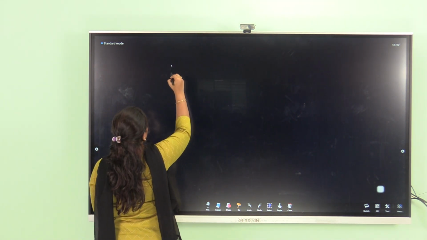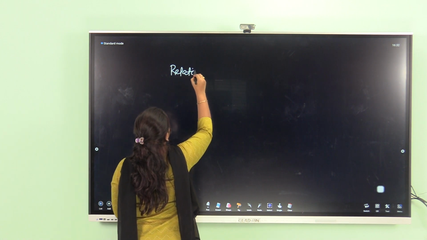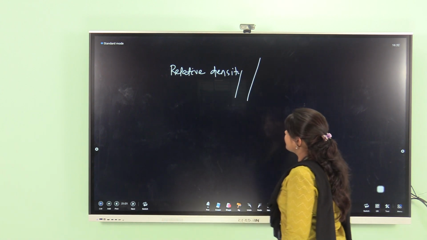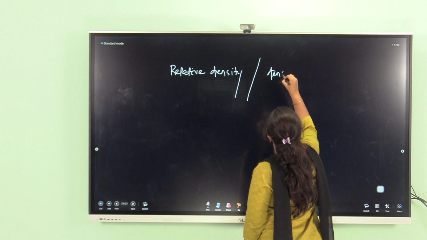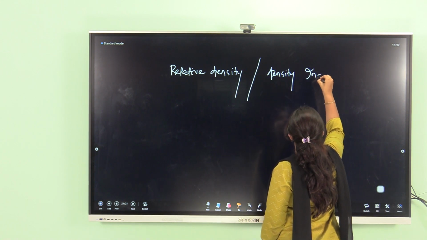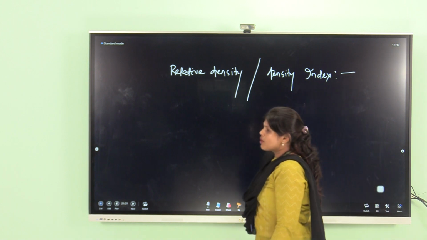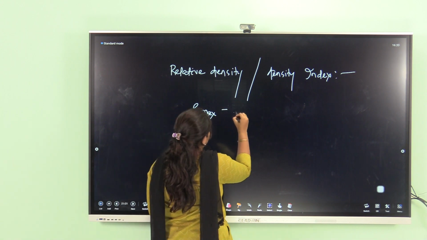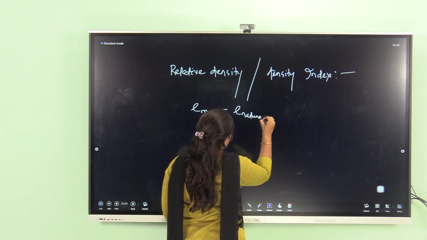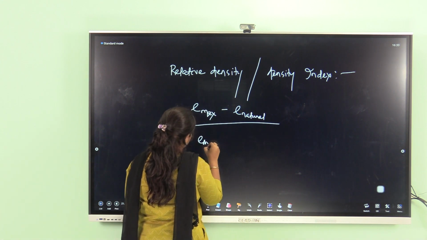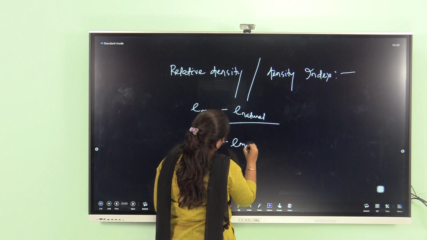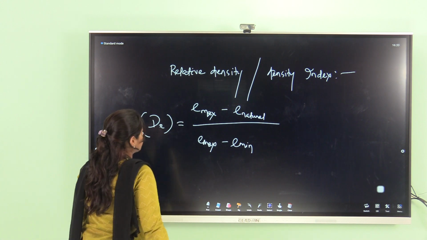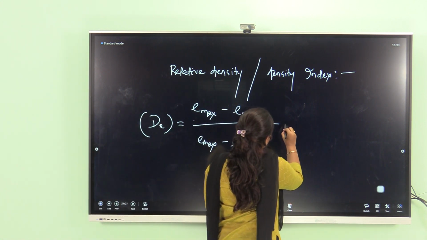The last term is your relative density. You can also write it as density index. Formula for this is e max minus e natural divided by e max minus e min, termed as Dr. Okay. e max is your what?